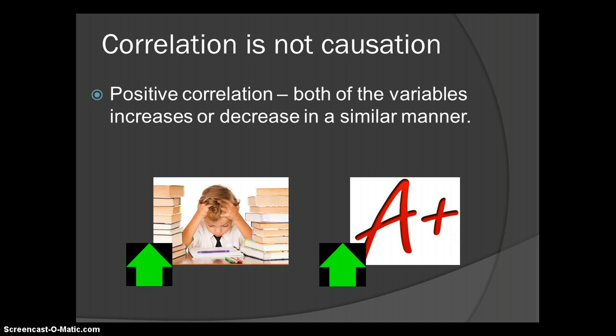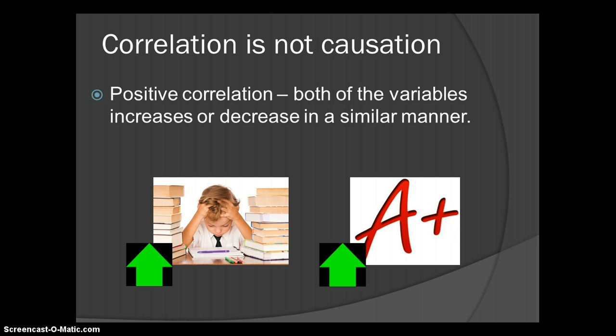Positive correlation is when both of the variables increase or decrease in a similar manner. So the positive or the negative element of the correlation doesn't necessarily talk about increasing in the variable, like reading more or studying more, but rather about the directionality of the two variables.